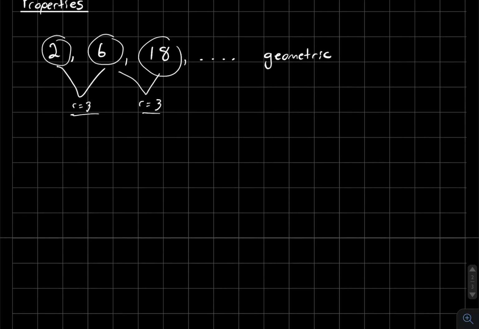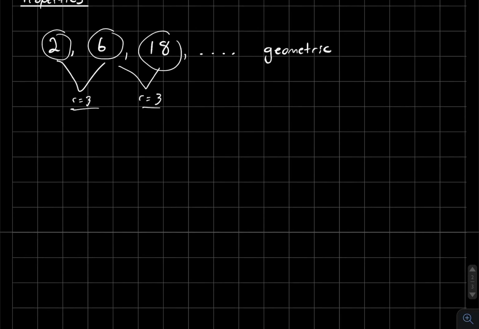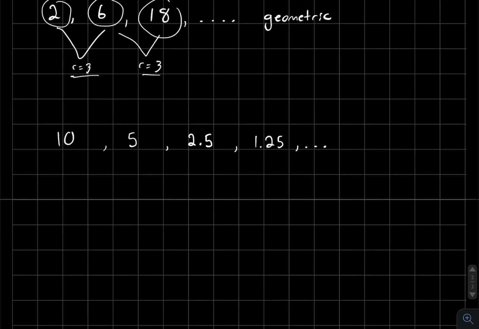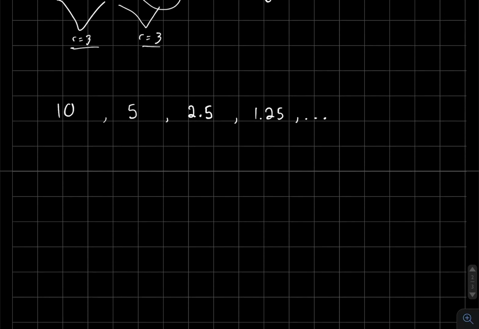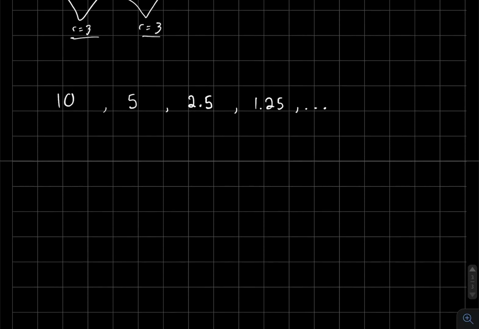But there are some cases where this is a bit different. Consider the sequence 10, 5, let's say 2.5, 1.25, and so on. I don't really like the fact that there's decimals in this, but we can work with that.